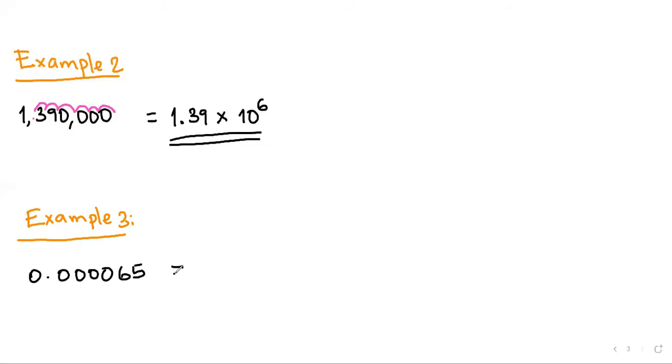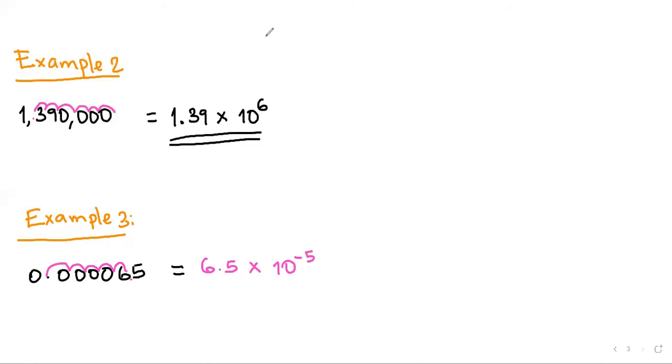Now we say that this is equal to, remember, a number must be greater than or equal to 1, but less than 10. So it means that we will move this decimal point 1, 2, 3, 4, and we put it here. Having it here, we will have 6.5. And we know that 6.5 is more than 1. So times 10 to the power of, you see, 1, 2, 3, 4, 5. So times 10 to the power of -5. Okay.